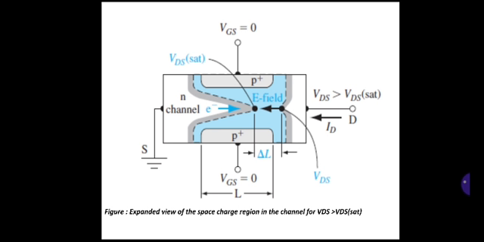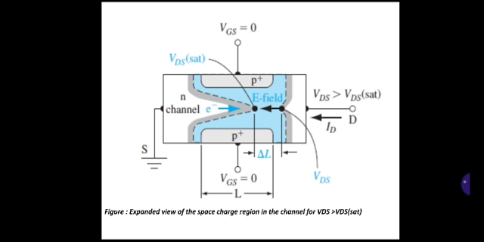The electrons move through the N channel from the source and are injected into the space charge region, where they are subjected to the electric field force. The electric field is also shown. They are swept through into the drain contact area.